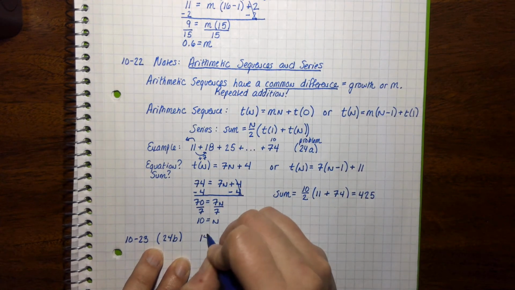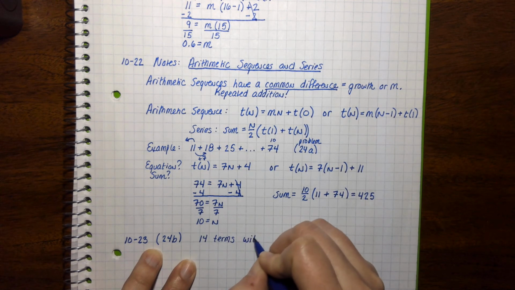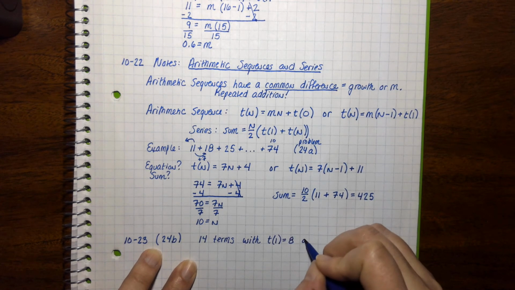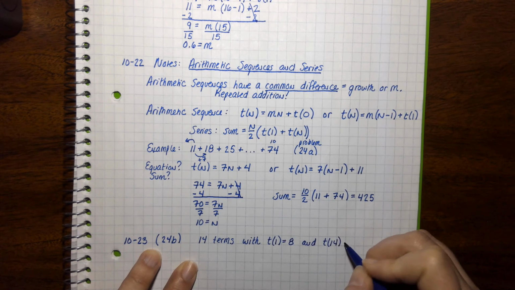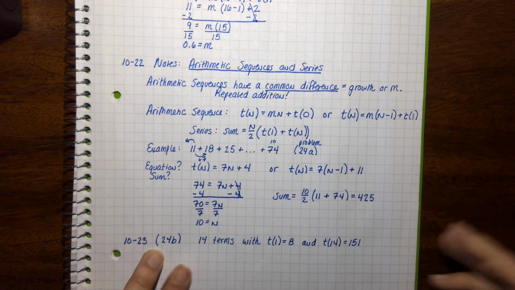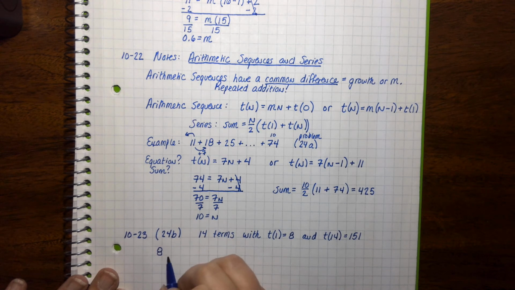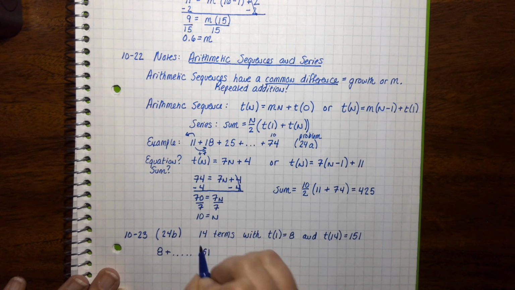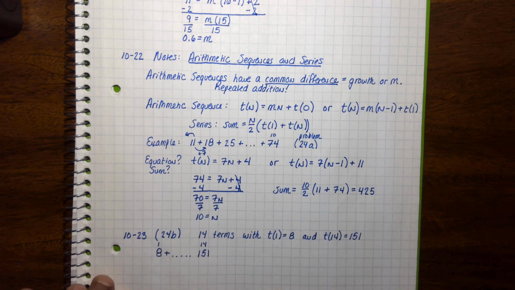It says 14 terms with t of 1 equals 8 and t of 14 equals 151. Okay, so what does this look like? t of 1 is 8, and then it's going out, and then the last number is 151, and we know that 151 is the 14th number out.